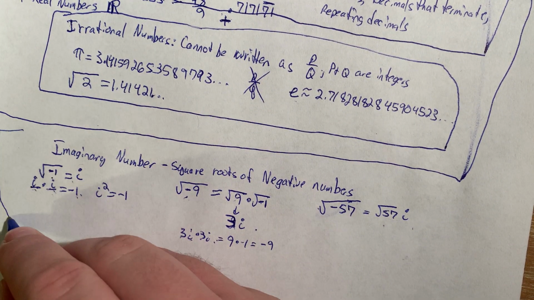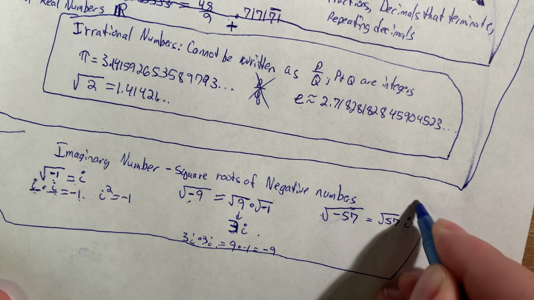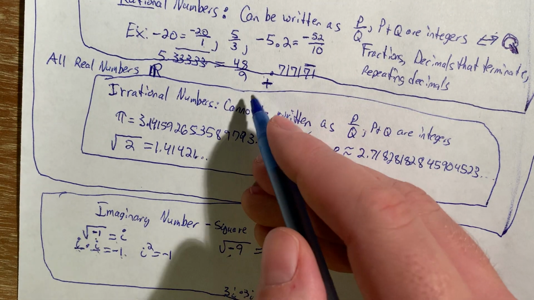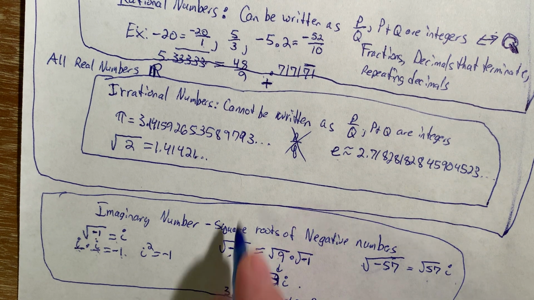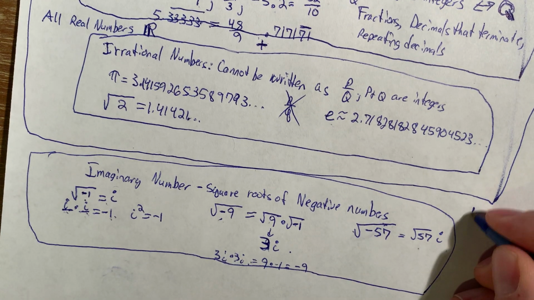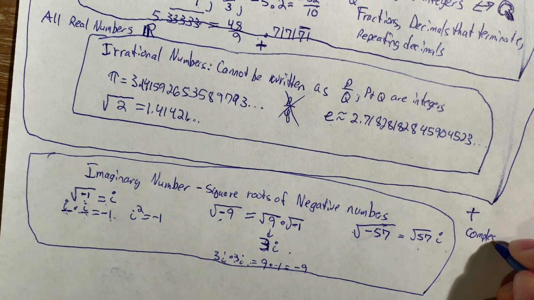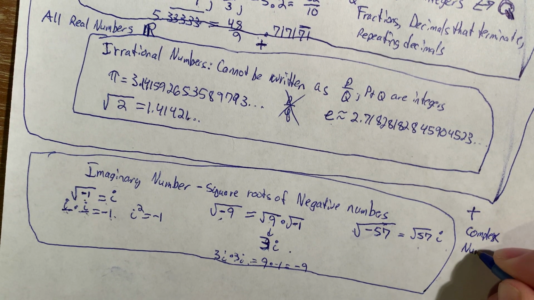Imaginary numbers are separate from real numbers. There are no real numbers that are imaginary, and there are no imaginary numbers that are real. But together, these are part of the complex numbers.